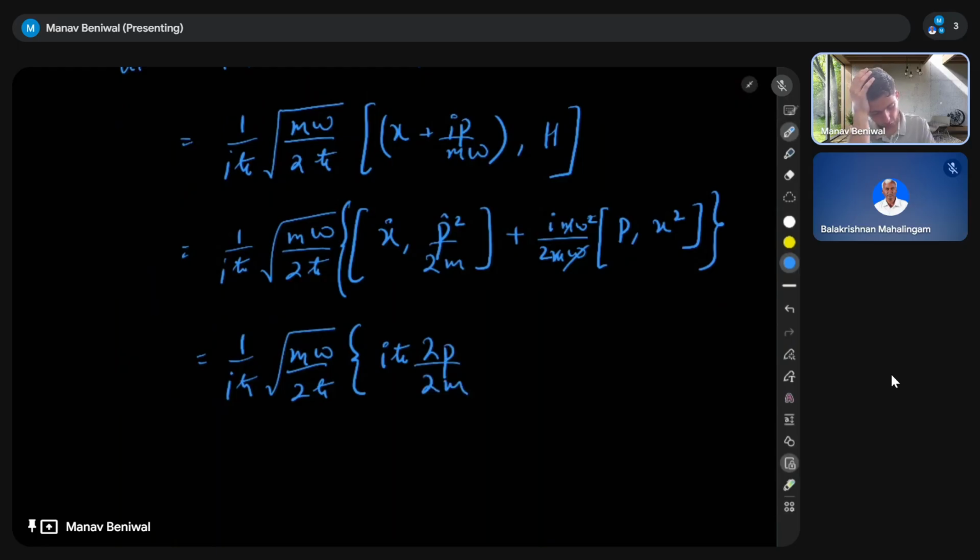Okay, 2 because of this squared, so we will have 2 iota h cut, and then this second term will give us iota omega by 2 and p comma x squared, so this will give me again 2 iota h cut, but with a minus sign, so minus 2 iota h cut and x.